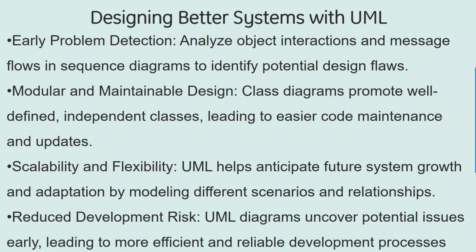Then we have scalability and flexibility, where UML helps anticipate further system growth and adaptation by modeling different scenarios and relationships. Then we have reduced development risk, where UML diagrams uncover potential issues early, leading to more efficient and reliable development processes.